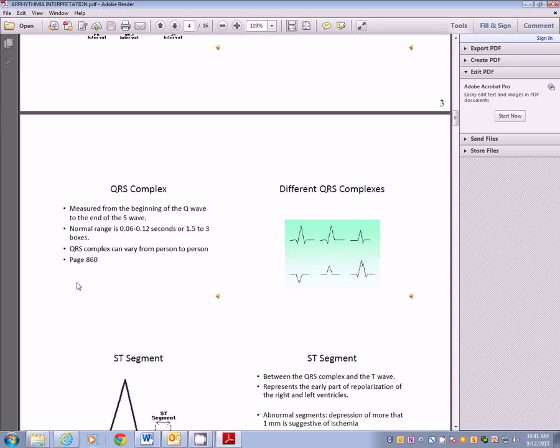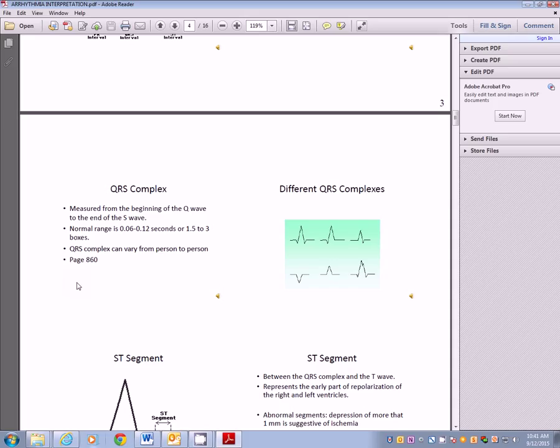If you were measuring the PR interval, you're measuring from the beginning of the P to the beginning of the Q, okay? If you look at this one, it's 1, 2, 3, 4, almost 4 boxes. And then if you look at the top, it shows you how to measure the QRS from the beginning of the Q to the end of the S, which is when it starts deflecting back up.